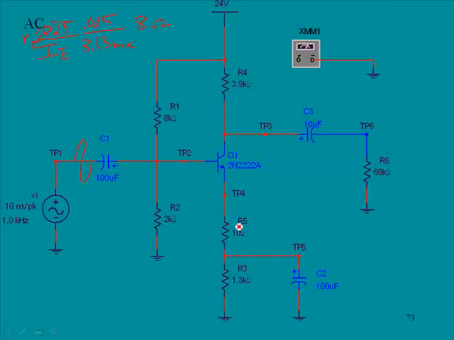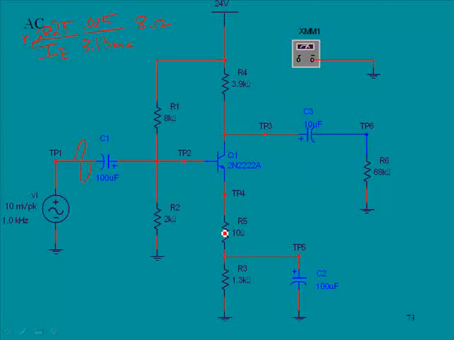Now this component right here, in many circles this is referred to as a swamping component. And what it does is it increases the resistance, because the AC signal only sees two resistances. It sees the value of RE prime, and then it sees the 10 ohms.